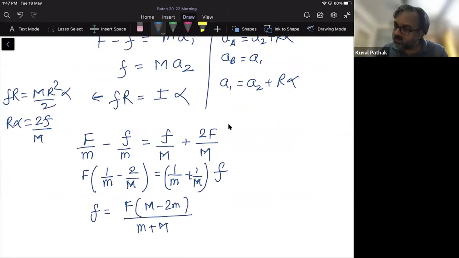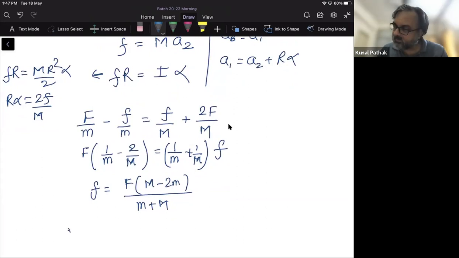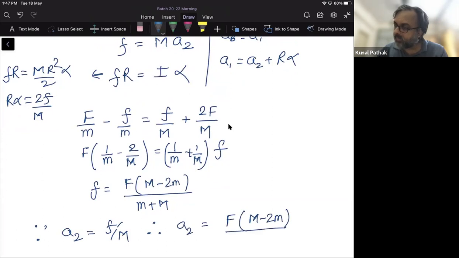So if this is the value of f, then I can find the value of a2, which is equal to f by m. Therefore, a2 is equal to f m minus 2m upon m into m plus m.